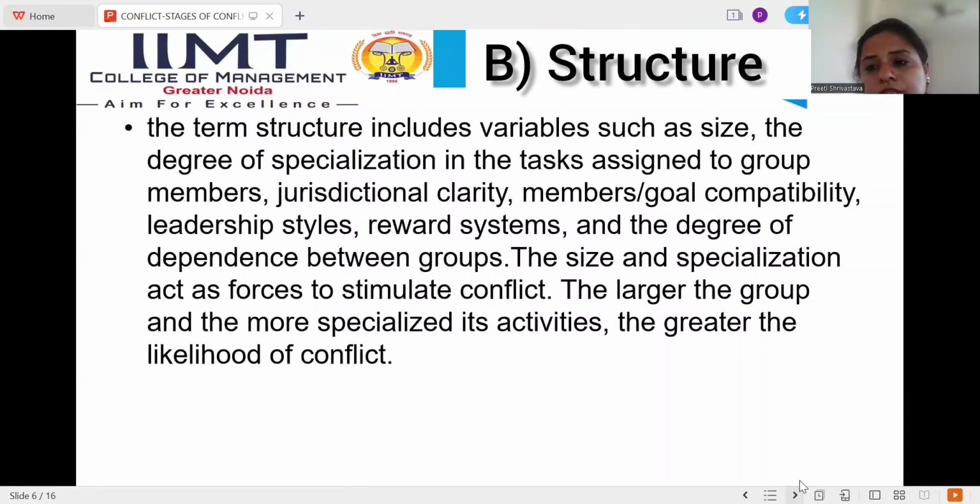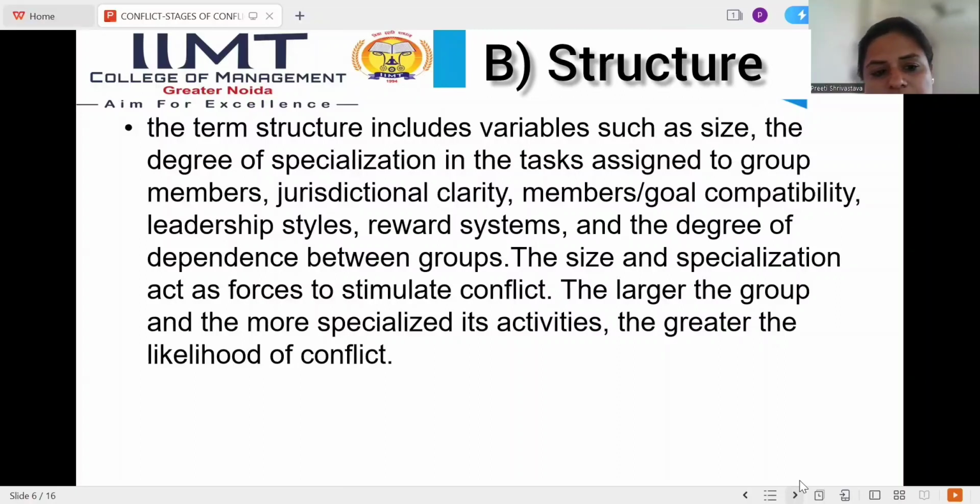The term structure includes variables such as size, the degree of specialization in the task assigned to the group members, clarity, goal compatibility, leadership styles, reward system, and the degree of dependence between the groups.